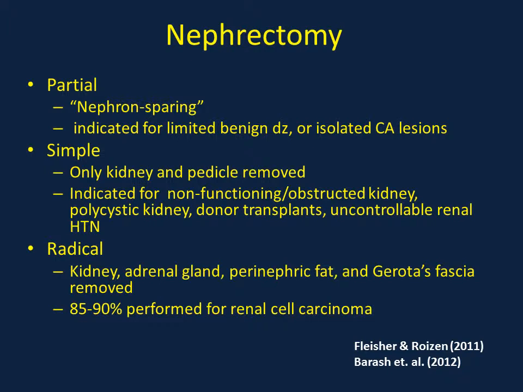This procedure is indicated for non-functioning or obstructed kidneys, polycystic kidney disease, donor transplant removals, and as surgical treatment of uncontrollable renal hypertension. Radical nephrectomy includes the removal of the kidney, the corresponding adrenal gland, the perinephric fat, and Gerota's fascia, which is a thick elastic connective tissue sheath that encompasses all of these previously mentioned structures around the kidney. This procedure is almost always performed in response to a diagnosis of renal cell carcinoma.